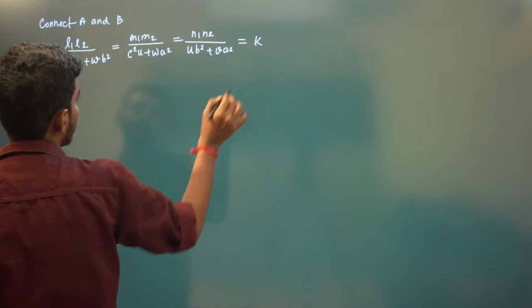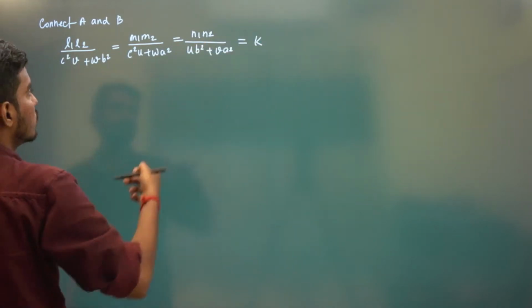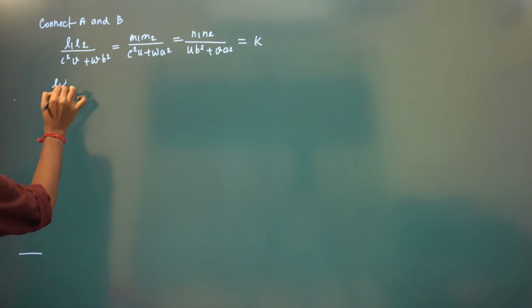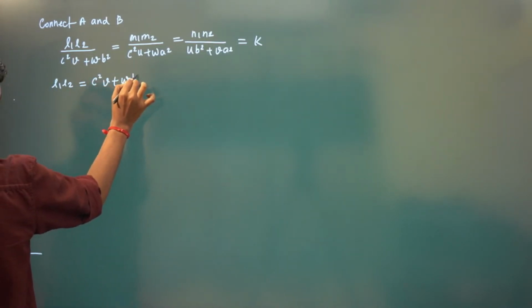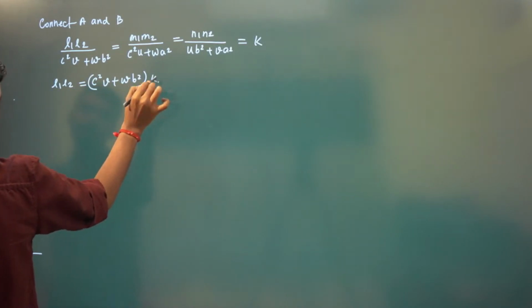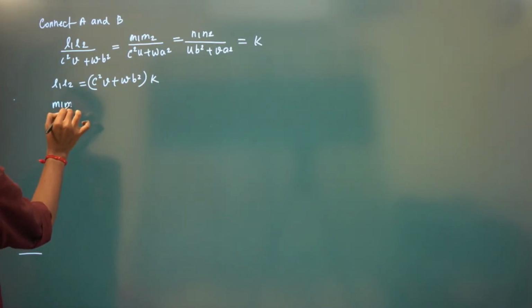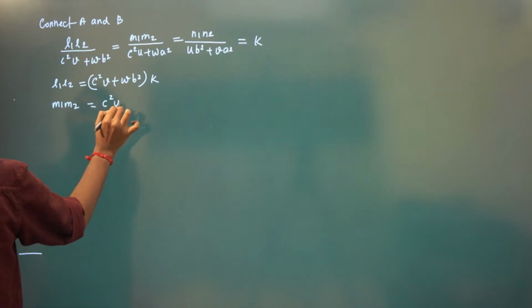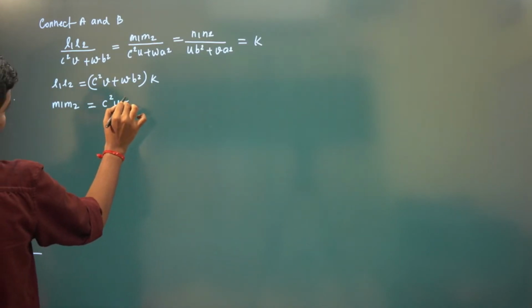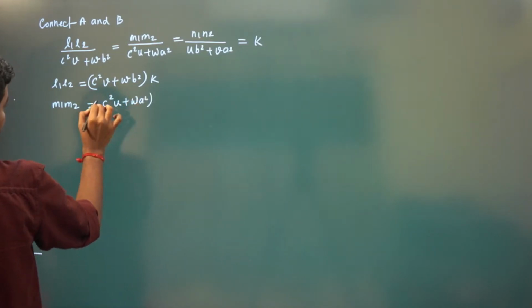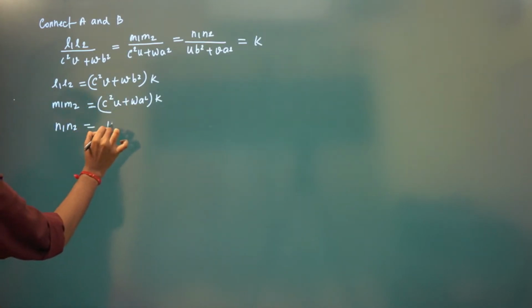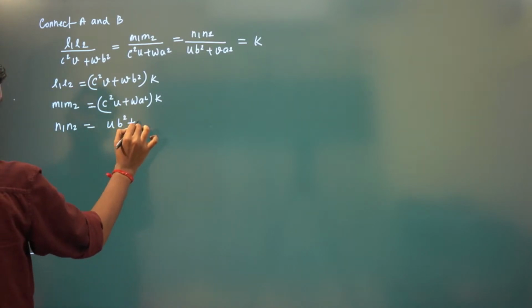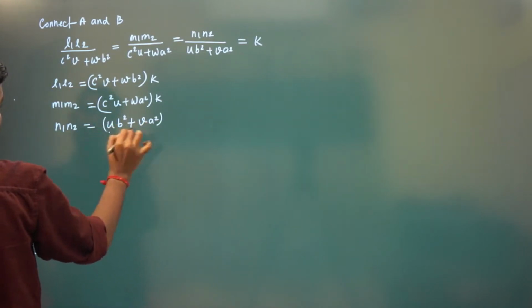Let us say it is equal to some k, and let us equate every term to be equal to k. So we have l1 l2 to be c square b plus w b square into k, and m1 m2 to be c square u plus w a square into k, n1 n2 is equal to u b square plus b a square into k.